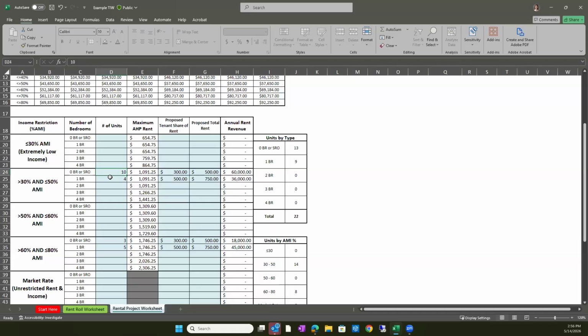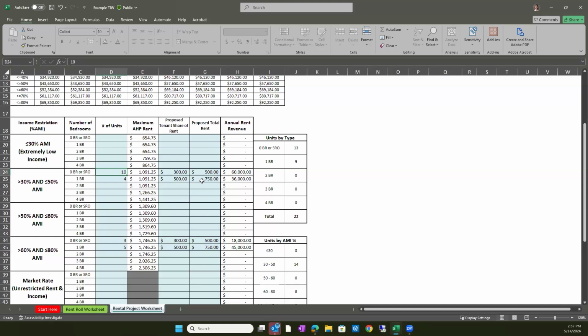The next two columns on the right side are your proposed tenant share of rent and your proposed total rent. If the project does not expect to be receiving a rental assistance contract or otherwise be subsidizing tenant rent, these numbers are going to be the same. For this example, I show what it would look like if they are different.